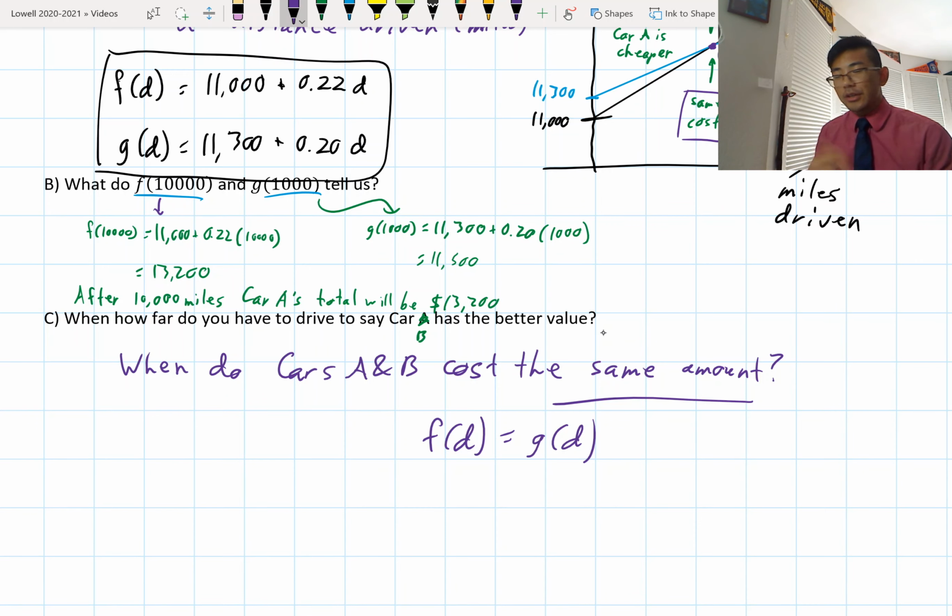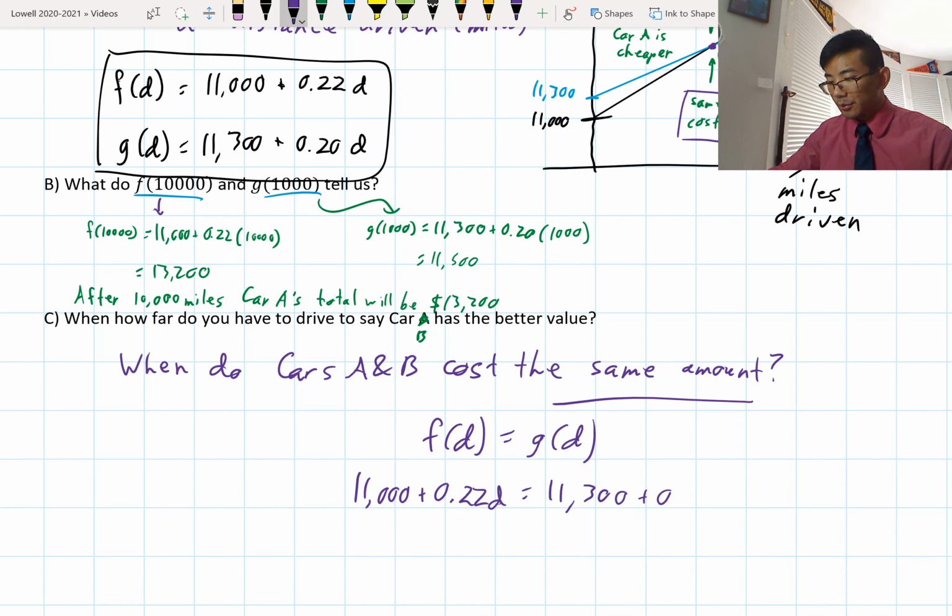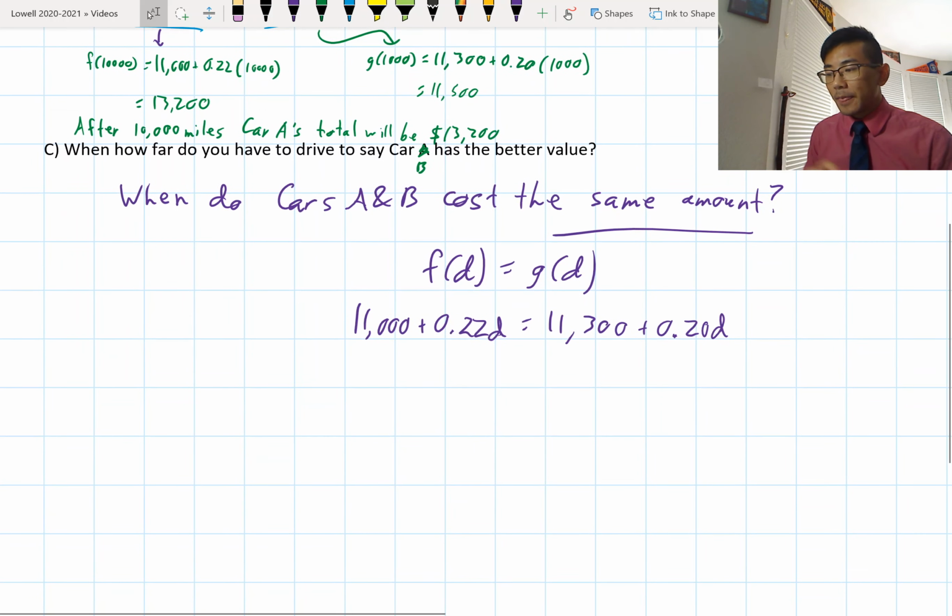And now we can use our equal values method or substitution method to actually solve the system. So f is 11,000 plus 0.22 d, g is 11,300 plus 0.20 d. You don't have to put the extra zero, I just put the 0.20 because it's money, so we always round it off to 2 decimal places.